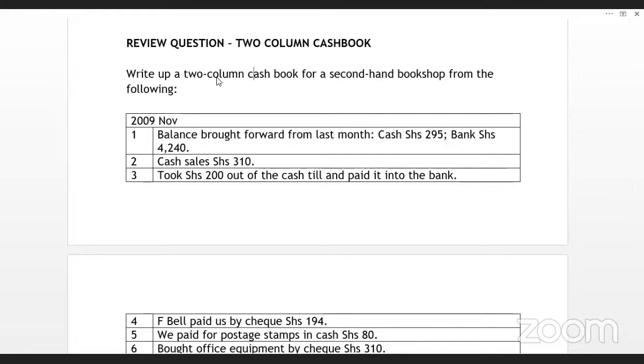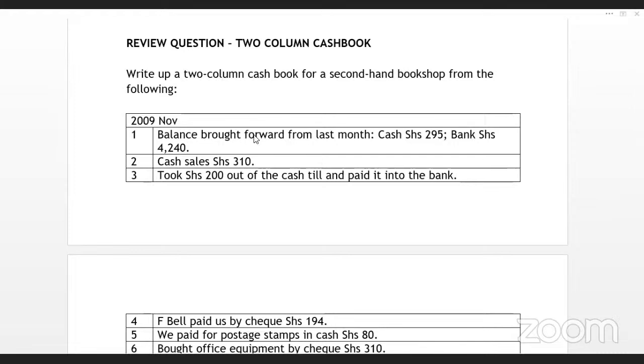It is saying, write up a two column cash book for a second-hand bookshop from the following. These are the transactions which we have from 1st November 2009.